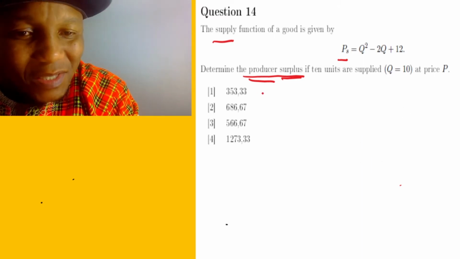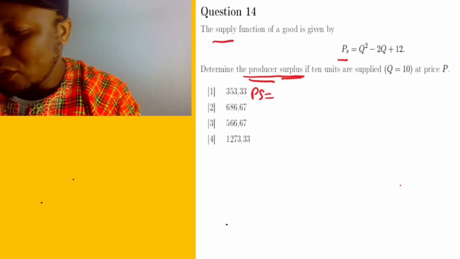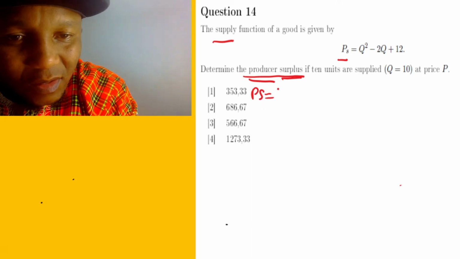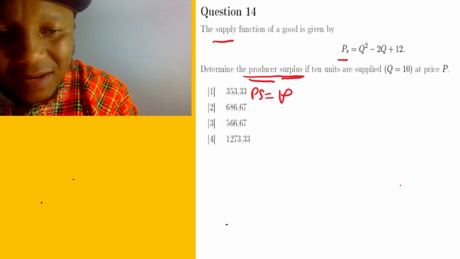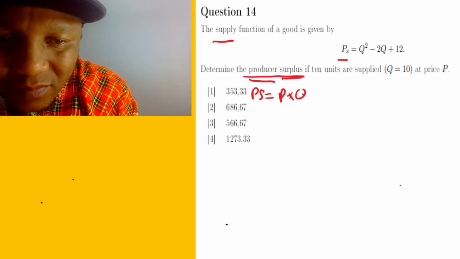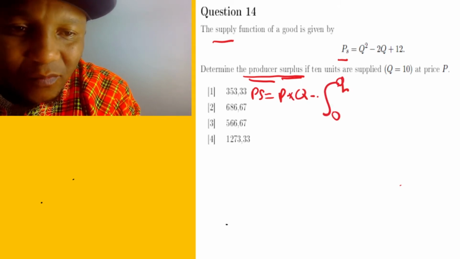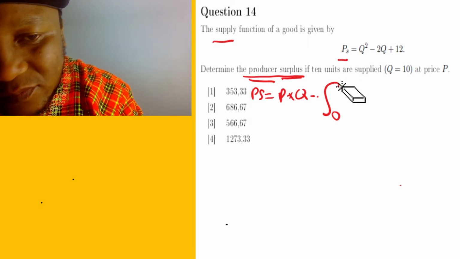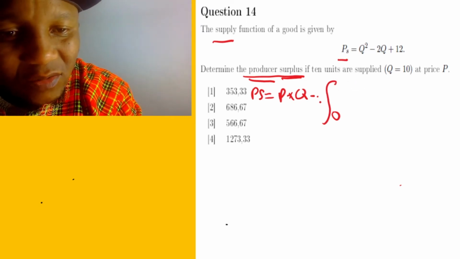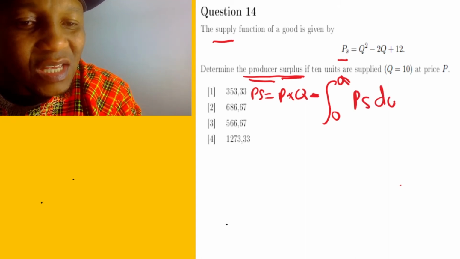So to get producer surplus, we have a formula. We say producer surplus equals P times Q minus the integral from 0 to capital Q of the producer surplus function dq.